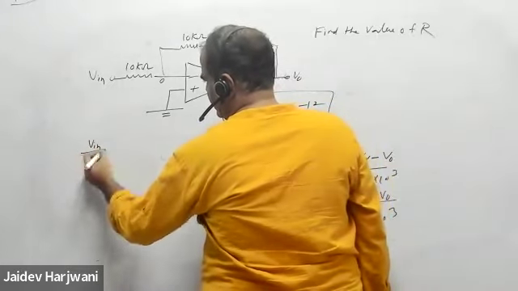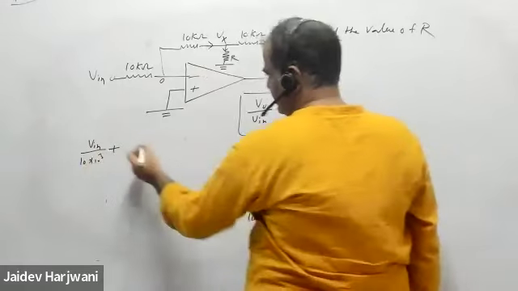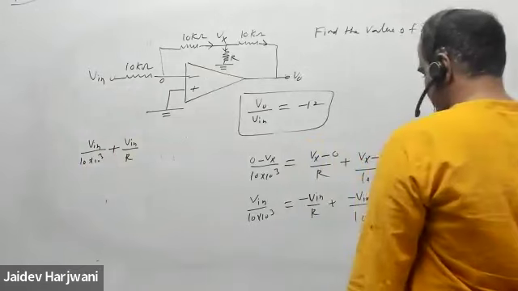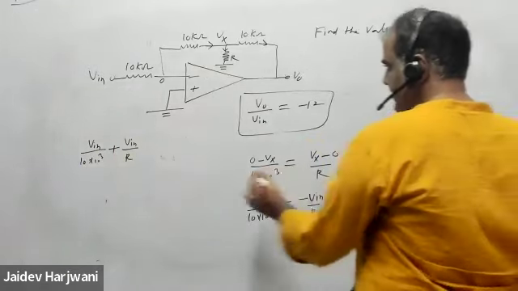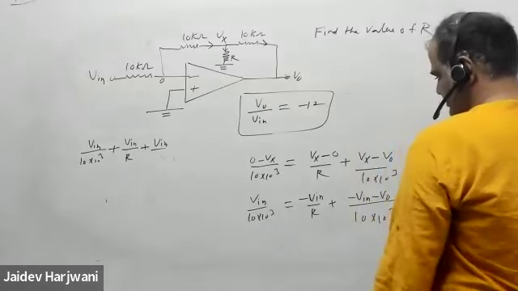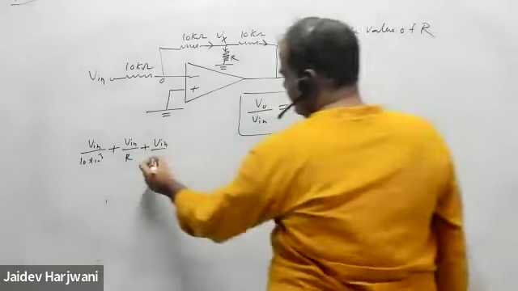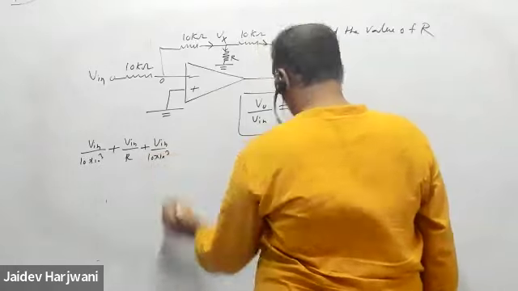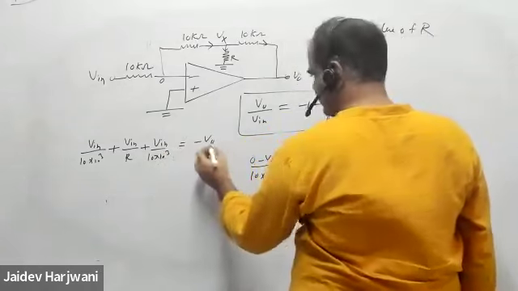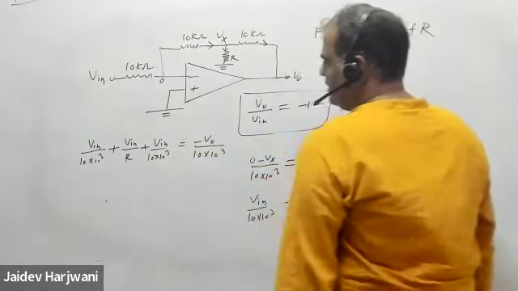V input upon 10 kilo ohm plus V input upon R, and then plus V input upon 10 kilo ohm equals to minus V naught upon 10 kilo ohm.